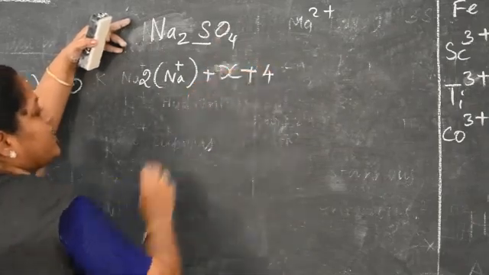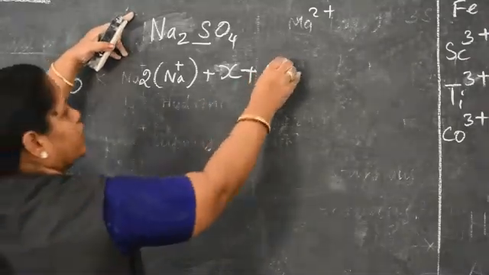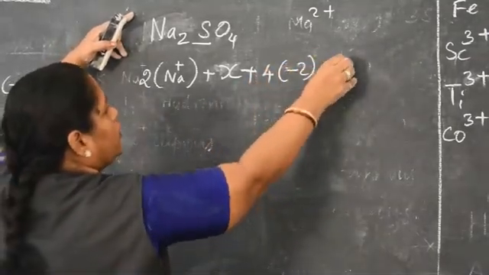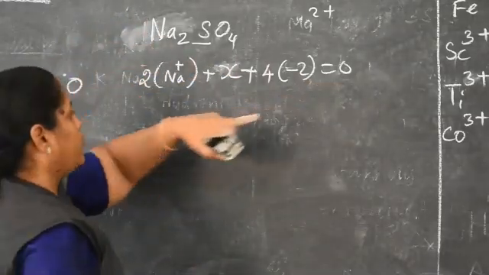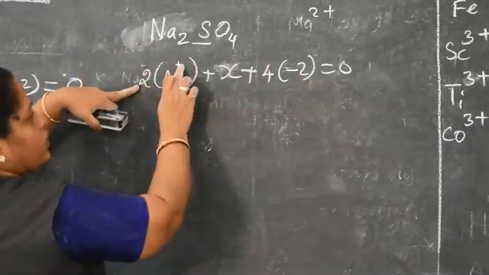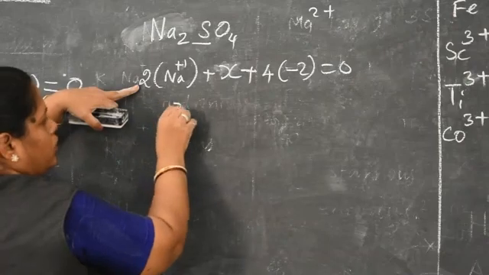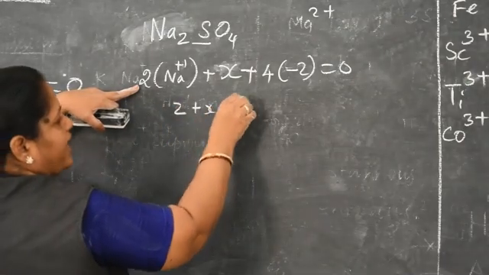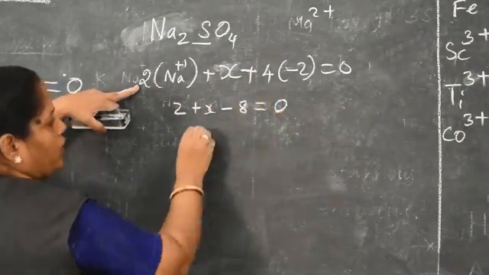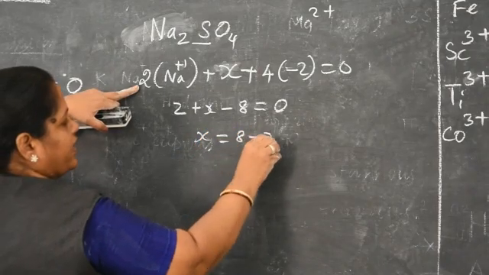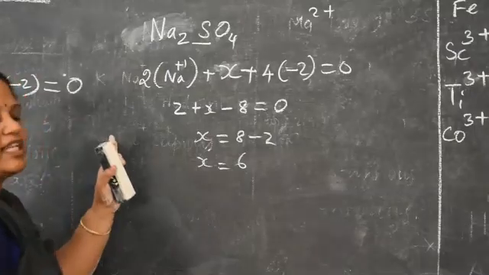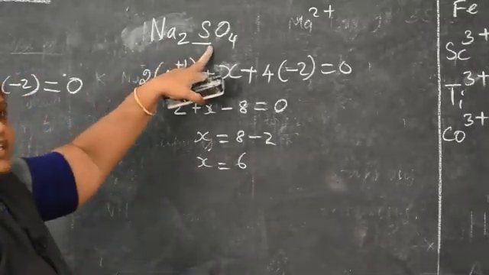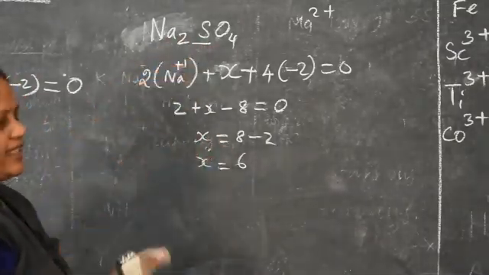How many oxygen is there? 4 oxygen. The charge is minus 2. So it is also neutral, does not carry any charge, that's why I put 0. So 2 plus x minus 8 equals 0. What about x? 8 minus 2, x is 6. So the oxidation number of sulfur in sodium sulfate is 6.